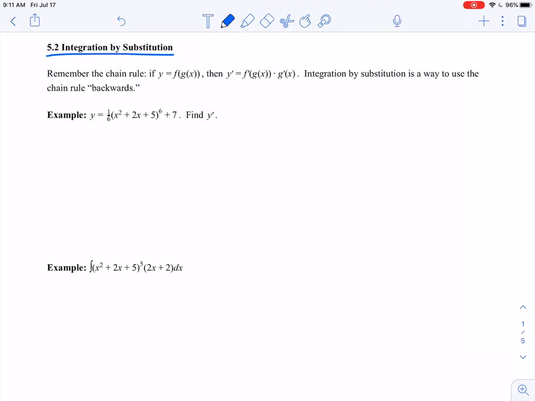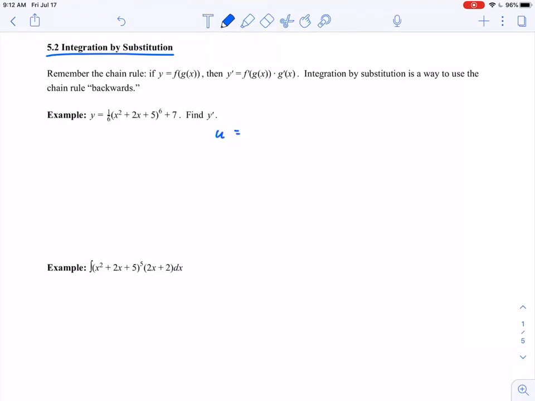So here, just to refresh our memories, I have a function y equals 1/6 times (x squared plus 2x plus 5) to the 6th power plus 7. We'll find y prime, and this is, in fact, a chain rule. So you may want to, somewhere off to the side, I honestly don't remember what variable we were using, I'm going to use u.